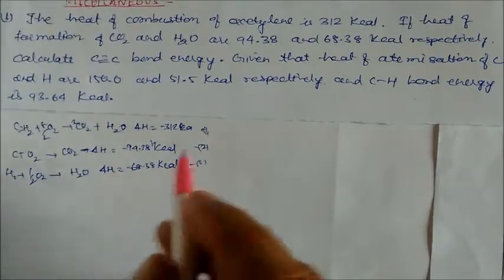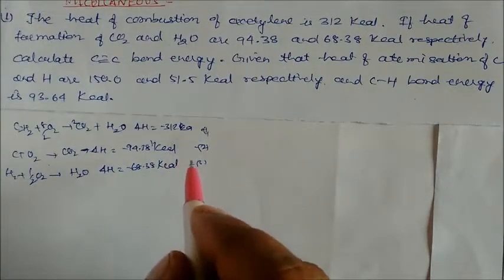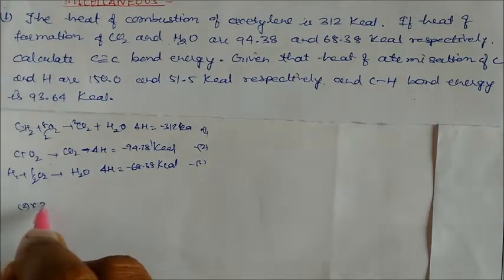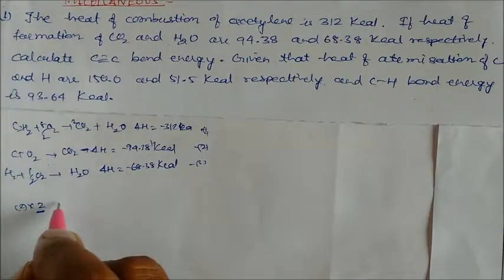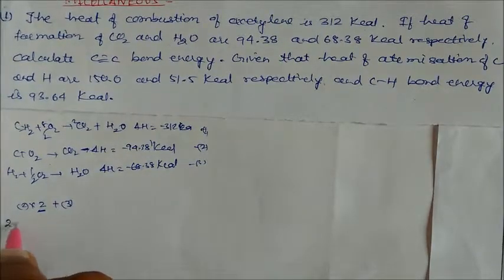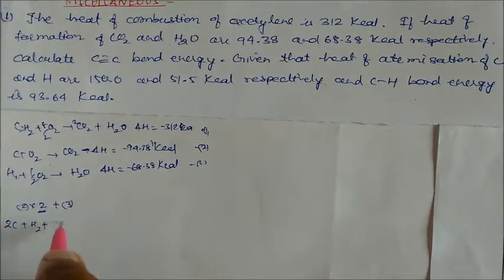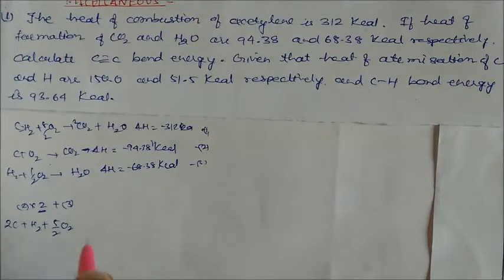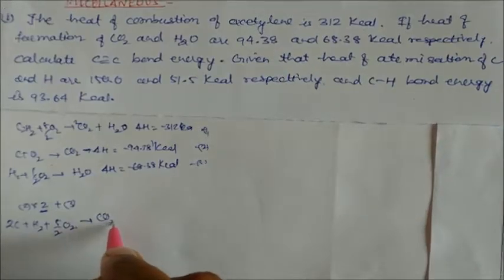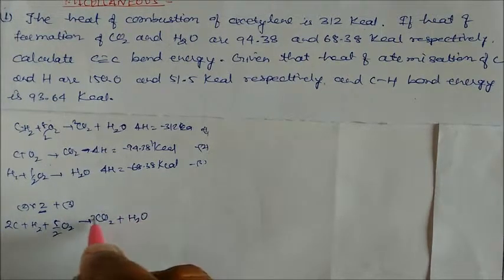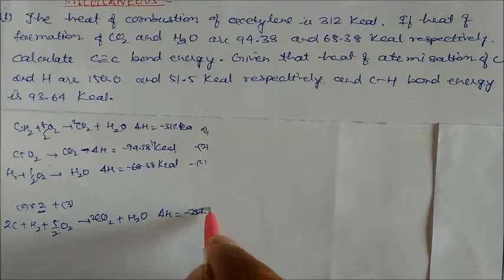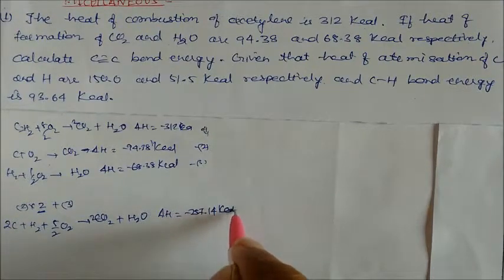So you have to multiply equation 2 and add equation 3. Take equation 2, multiply it by 2, and add equation number 3. On multiplying we get 2C plus H2 and 5 by 2 O2 giving you 2CO2 plus water. Delta H for this will be minus 257.14 kilocalorie.